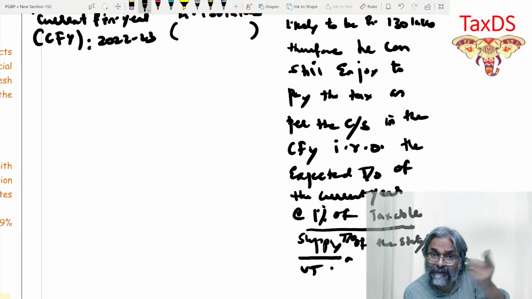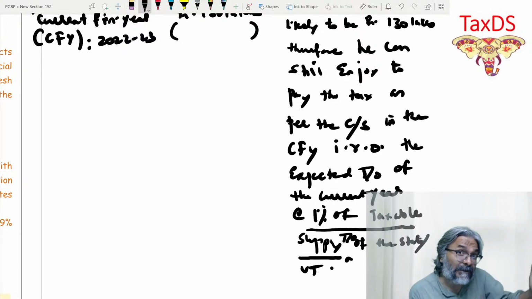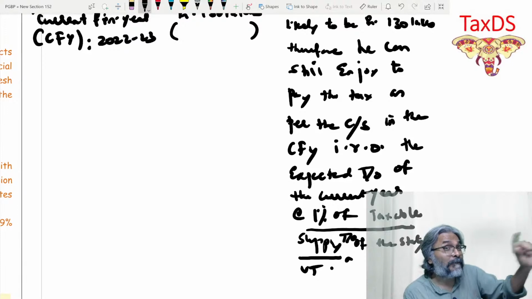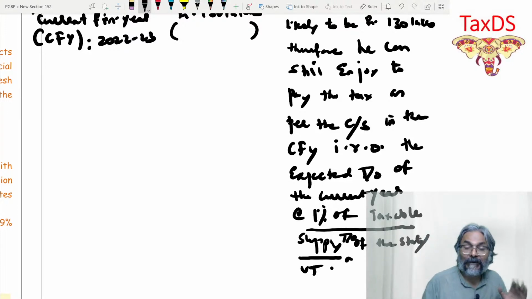If you don't want to write this, it is not required and you can ignore it. I'm just stretching one step further to highlight that for the trader, it is taxable supply. Without stretching my answer, if I can do it, nothing like that.